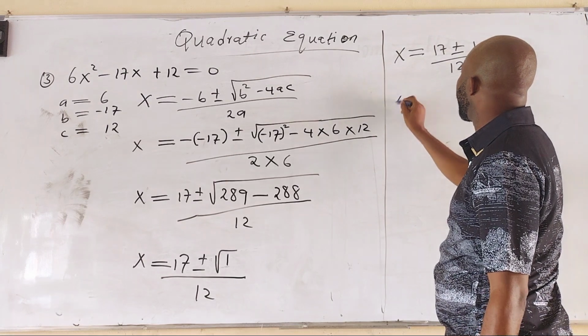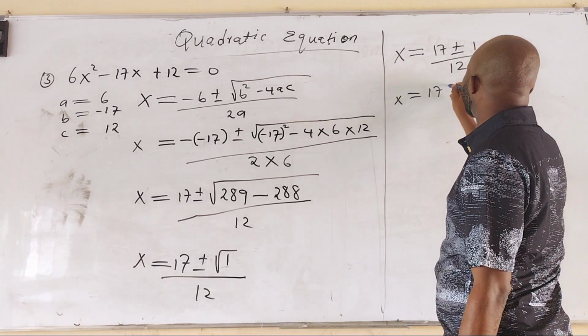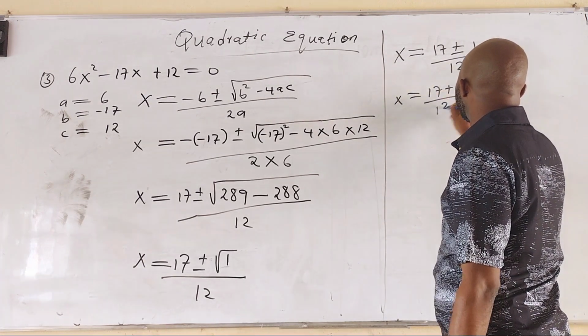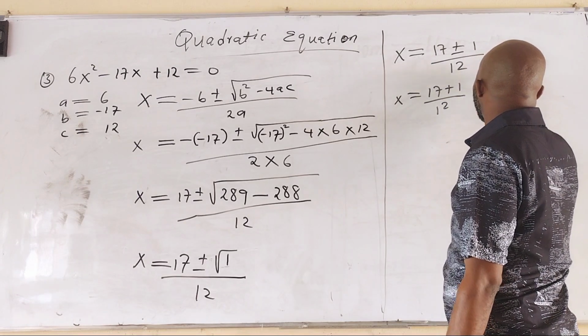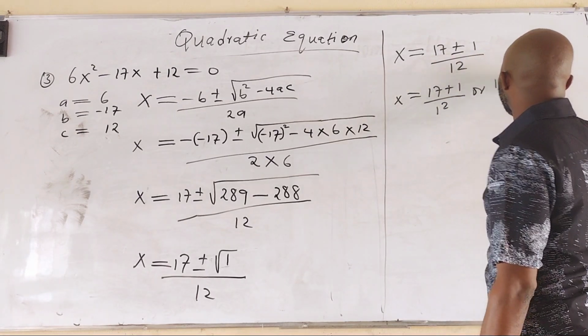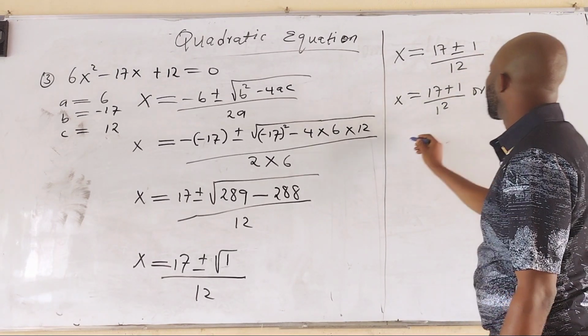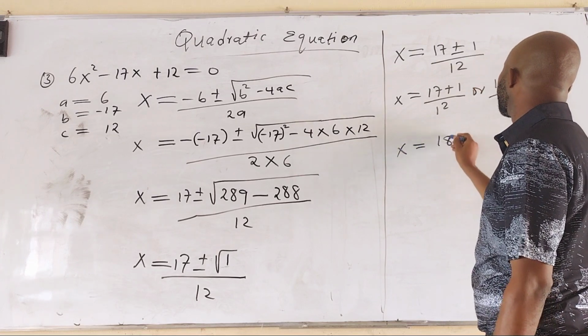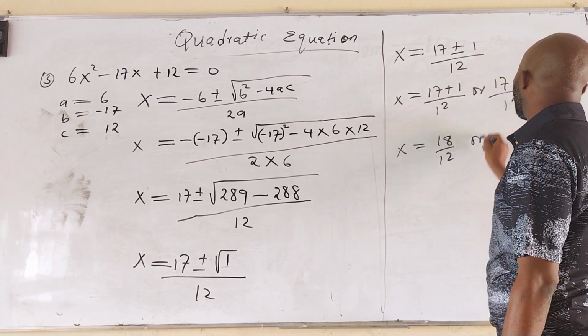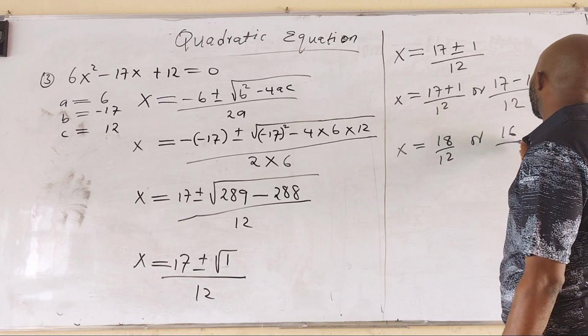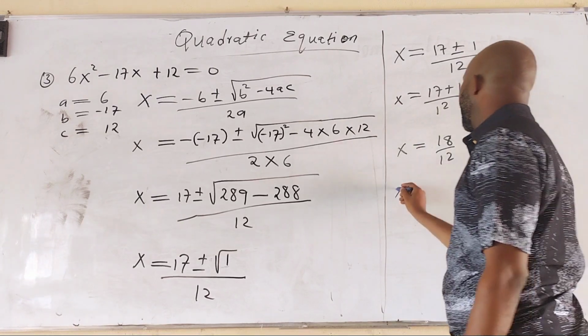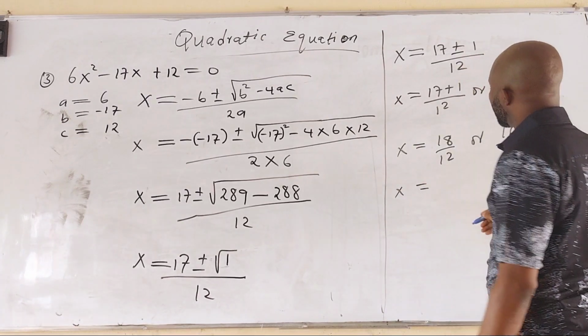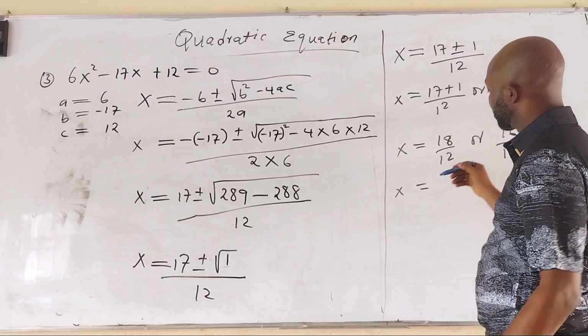This means x is equal to 17 plus 1 over 12, or 17 minus 1 over 12. x is equal to 18 over 12, or 16 over 12.